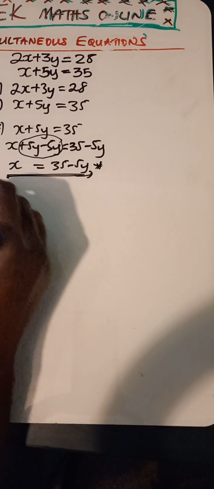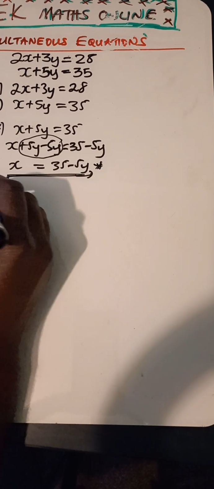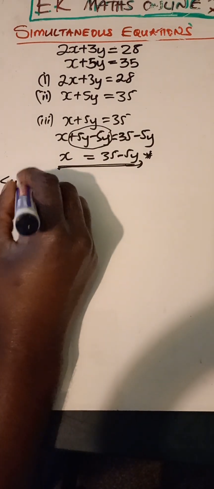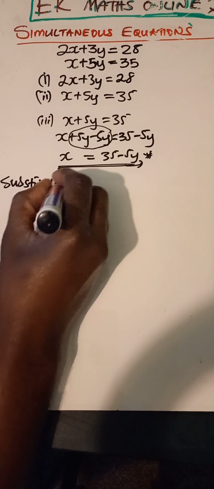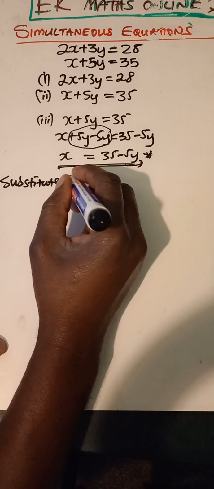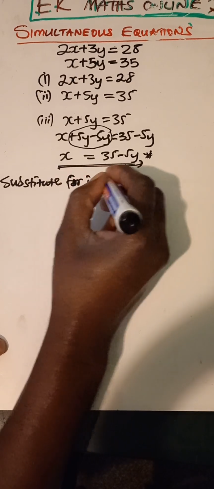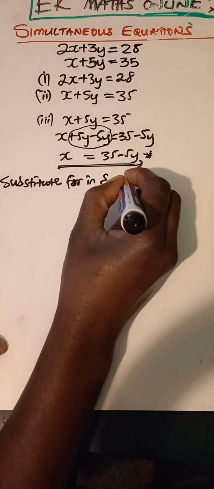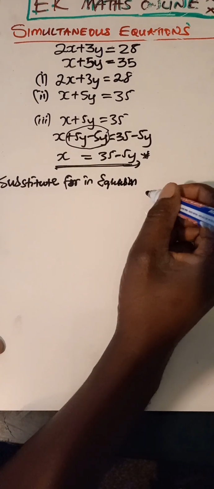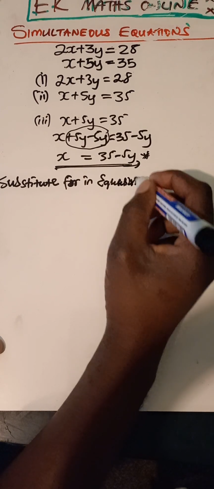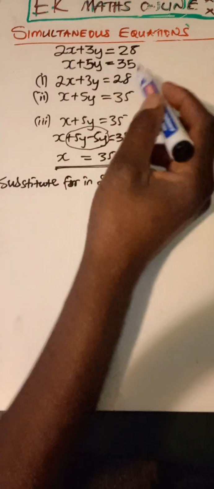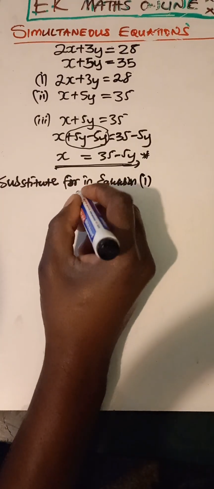So what do we do next? We are going to substitute for x in equation, for instance, in equation 1. So we go back to our chart, we identify our equation.